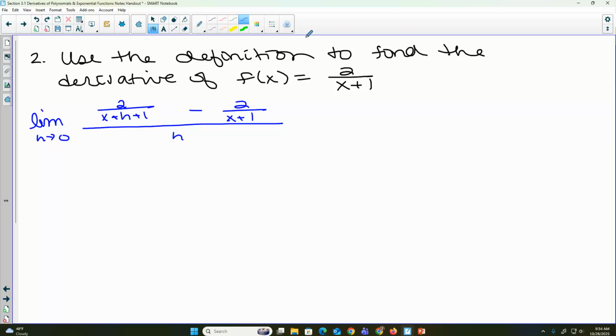What did we do? So I multiply this one by x plus 1 on top and bottom, and this one by x plus h.